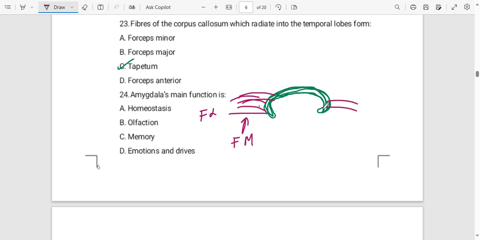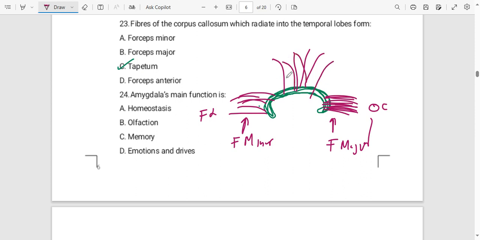Then you have projections from the posterior aspect going to the occipital lobe, which form forceps major. Then you have the corona radiata, these fibers going like that. Part of this goes to the temporal lobe, and that's what we call the tapetum.